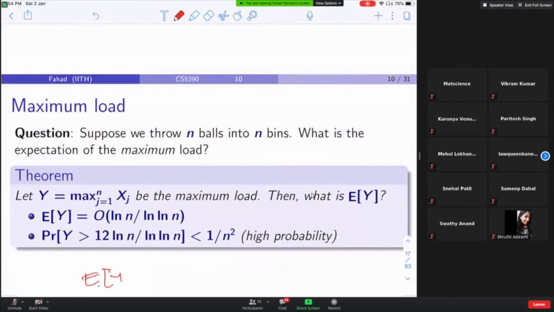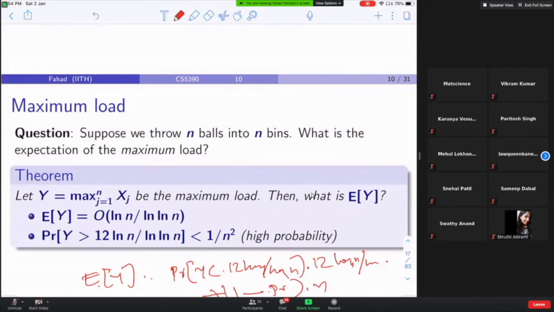Expected value of y is equal to the probability that y is less than 12 log n divided by log n times this quantity, plus 1 minus this probability times the maximum load within a bin. That is upper bounded by n, right? There are only n balls.